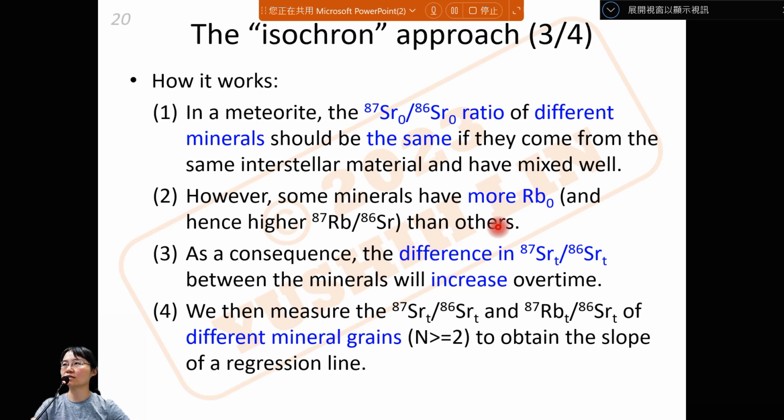Okay, my question is, why? This is related to a very important concept that I have told you in the lecture, mineral chemistry. To give you some hint, you can just focus on the second point. Why do different minerals have different rubidium to strontium ratio?